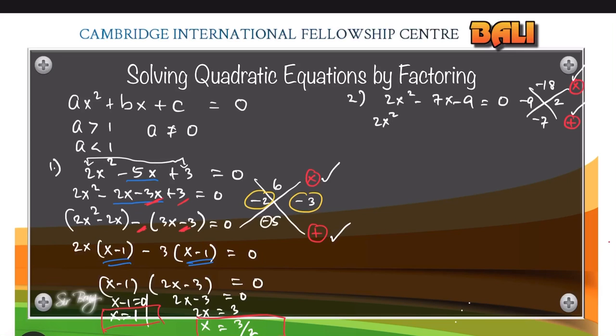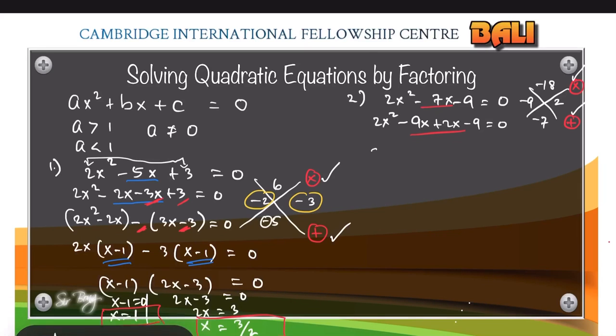This is minus 9x plus 2x minus 9 is equal to 0. So again, always remember that this minus 7x, we split into 2, which is minus 9x and positive 2x.